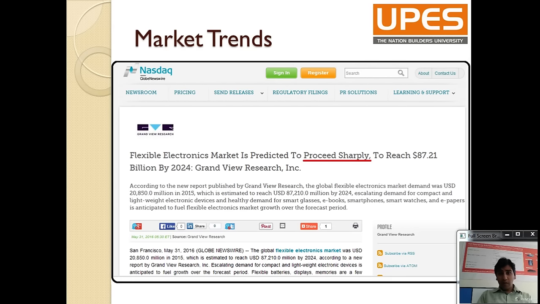There is one more study published on NASDAQ, done by Grand View Research, a third-party research organization, which says the flexible electronics market is predicted to grow sharply and can reach up to $87.21 billion by 2024. So great possibilities.